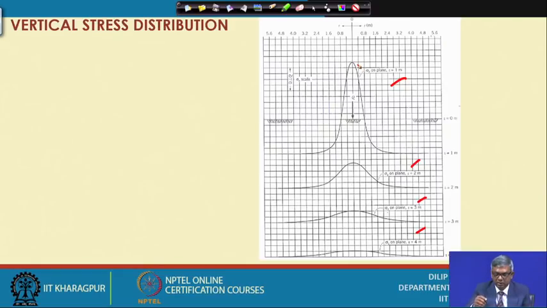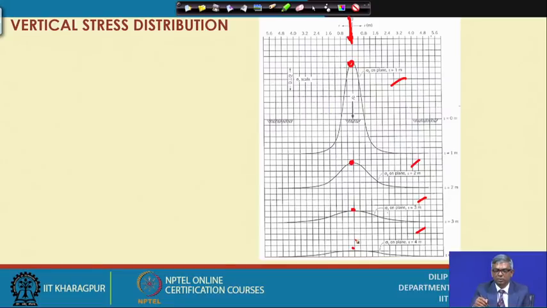That means, the maximum stress is just vertically below the point where the load is applied, and when you go away from the point of application of the load, the value is reducing, and this trend is the same at 1 meter or whatever depth.